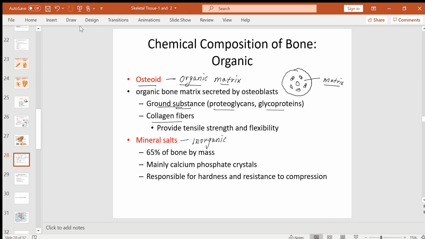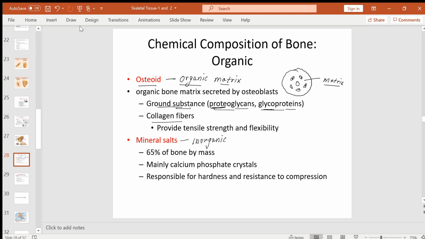Okay, so proteoglycans and glycoproteins, you see here, each has two parts: proteo, that means protein part, and glycan, glucose or carbohydrate, same thing here. Glucose and protein, and carbohydrate and protein both are organic compounds, right?